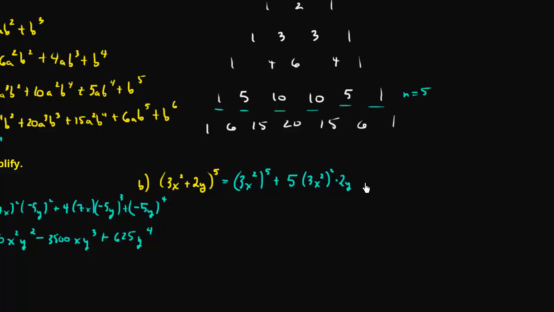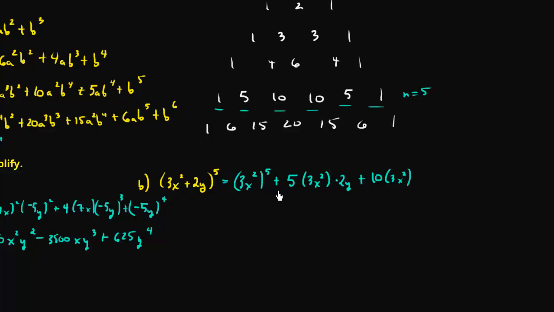And then I would have plus 10 times 3x squared to the power of, oh, you know what? We made a mistake here. This shouldn't be 3x squared squared, this should be 3x squared to the power of 4.